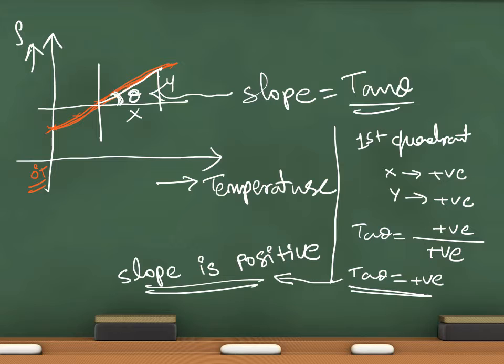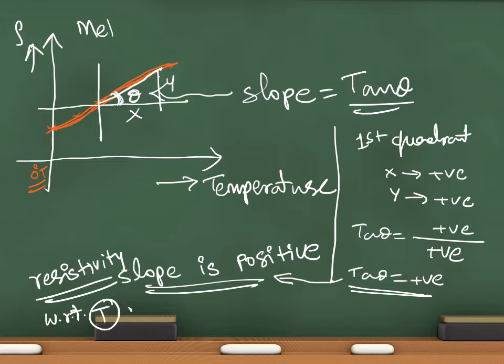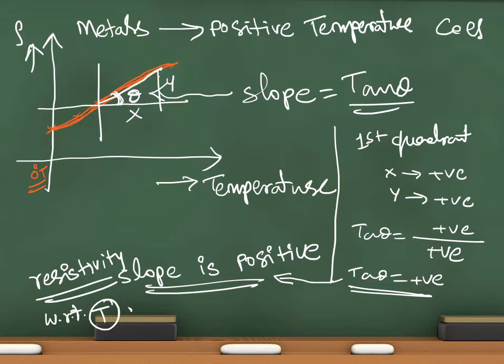Okay, as the slope is positive, which slope is it? It is resistivity with respect to temperature. So as a result, I can say conductors, metals, will have a positive temperature coefficient of resistivity.